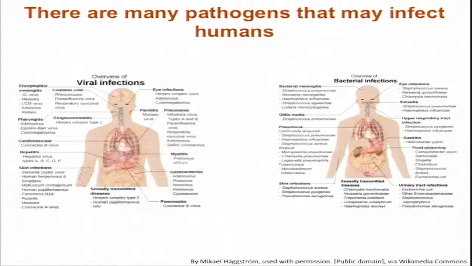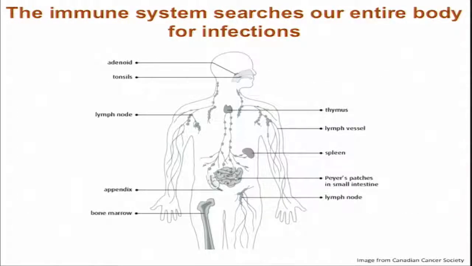What you can see from this slide is only a fraction of all the organisms that can infect people, but there are a lot of them, and they can happen all throughout the body. And so the immune system is tasked with detecting these infections and neutralizing them.